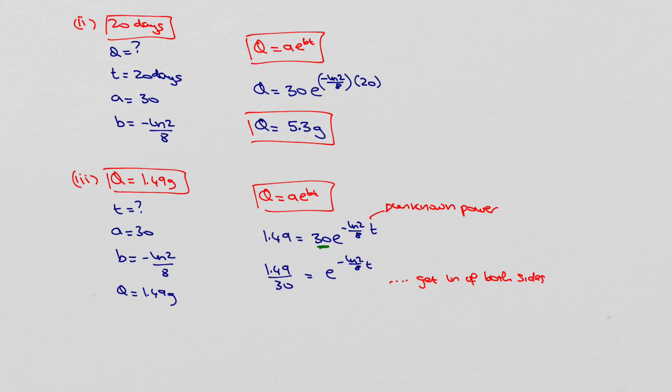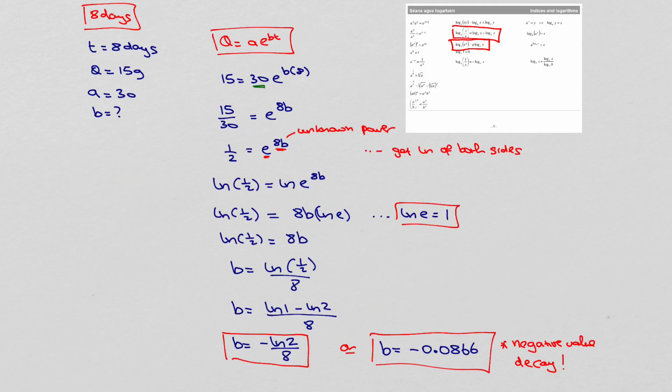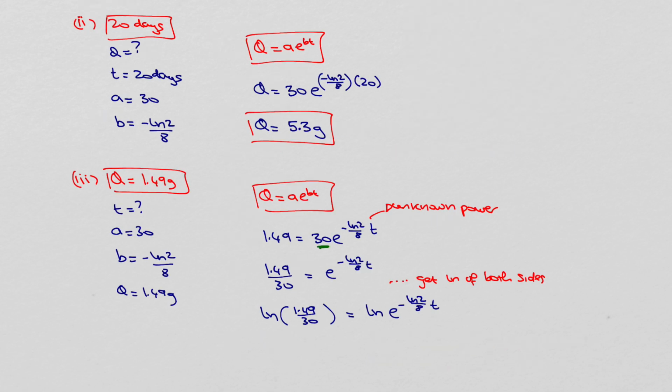If I get natural log of both sides, well, that's going to allow me to apply the same log rule we did for working out what b was. So if I go back, it was our third one down again, where I can bring down my power.